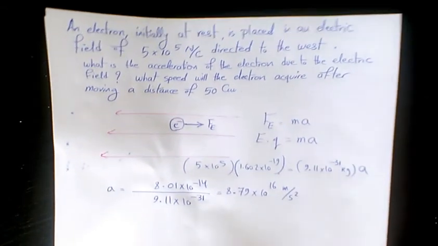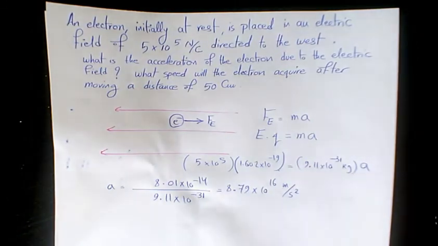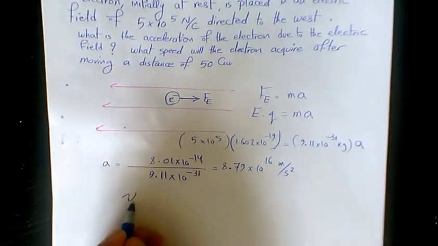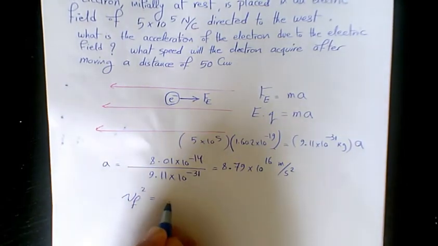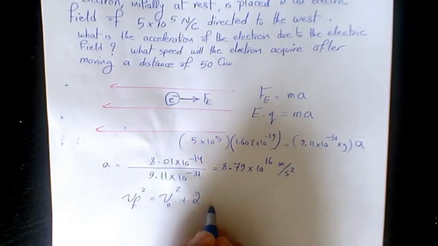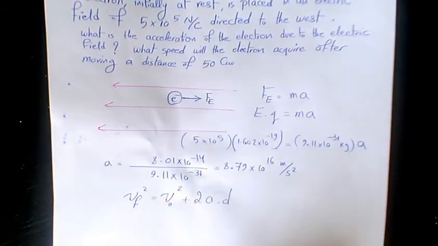And then the second part says, what speed will the electron acquire after moving a distance of 50 centimeters? So from kinematics we know final velocity squared equals initial velocity squared plus 2 times acceleration times the displacement.